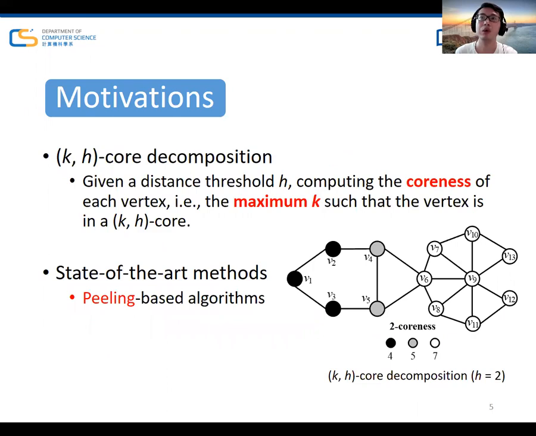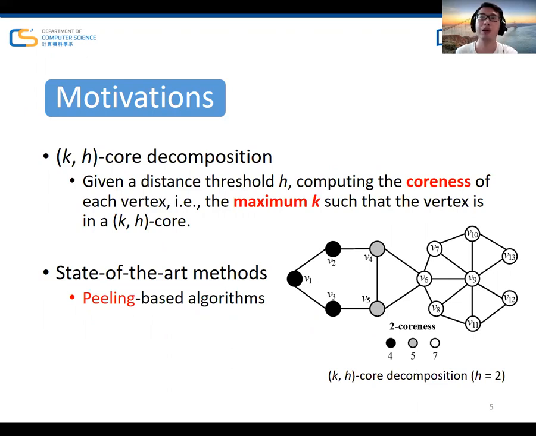Given a distance threshold h, (k,h)-core decomposition aims to compute the coreness for each vertex. Here, the coreness means the maximum k such that the vertex is in a (k,h)-core.